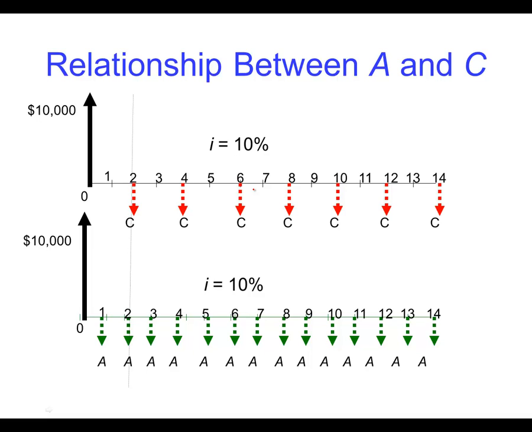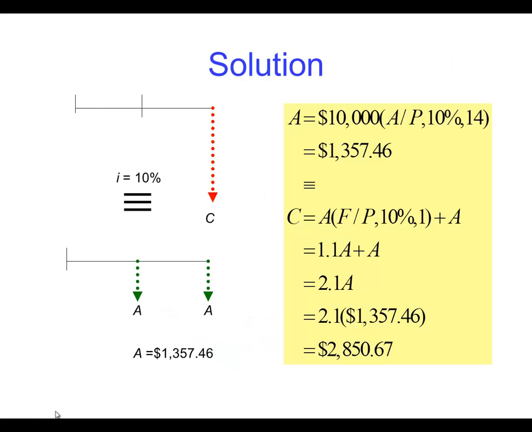After I do that, I will find the relation between having payments every year versus every other year. Which is, in this case, every 2 periods of A is equal to 1 period of C.